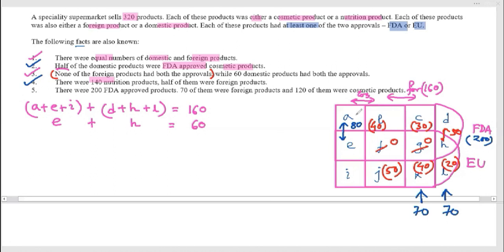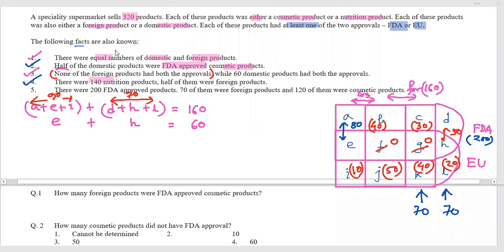This much and this much sum is 160. DHL is already given as 70. So I can find AEI, which should be the gap, that means 90. AEI is 90. Out of that, this is 80, so this would be 10. Yes, so that much we can fill out, and on that basis we need to go on solving the problems. Now let us get to the two problems.